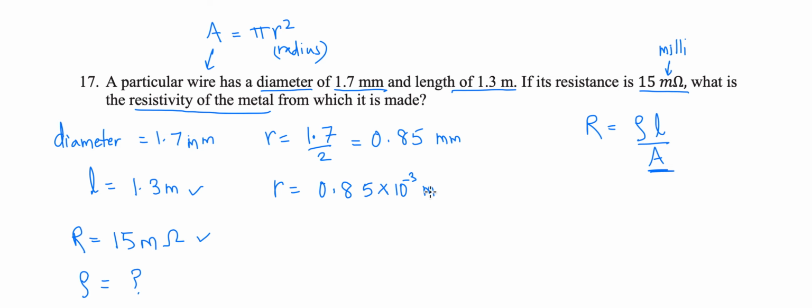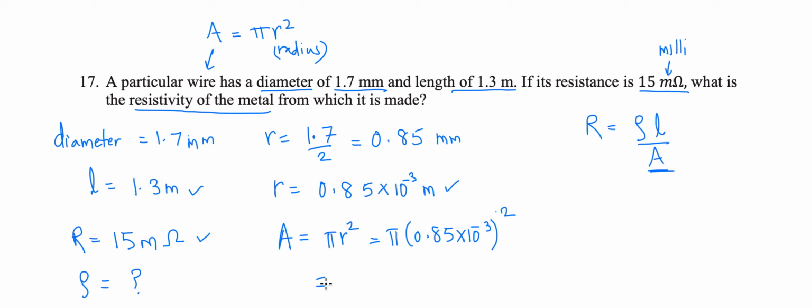Then L is also known to us. So now let's just check. We have got r, which can give us area. Area will be pi r square. So we'll get that as pi times 0.85 times 10 to the power of negative 3, squared. I'm going to use my calculator to calculate this.